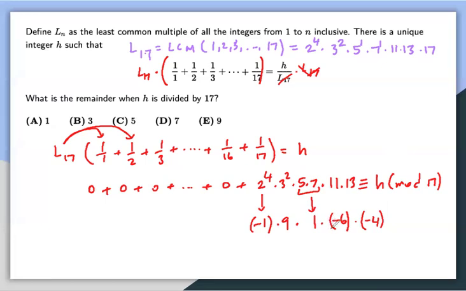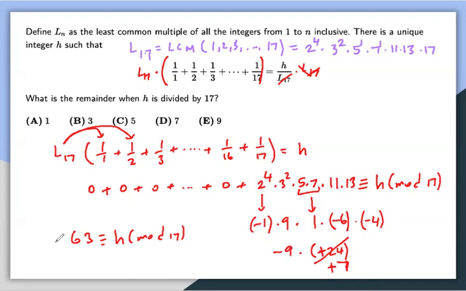So now we have 4 times 6, that's 24, and that's positive, which is good as well. And then this is going to be -9, and negative times negative gives a positive number, right? So this is 24. If you subtract 17 from 24, we get a positive 7, which means this is congruent to 7.